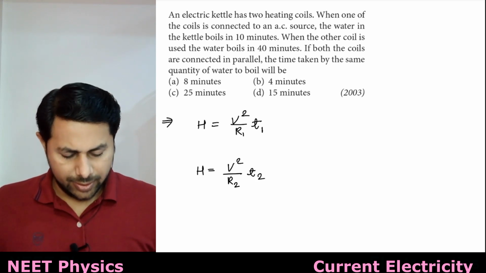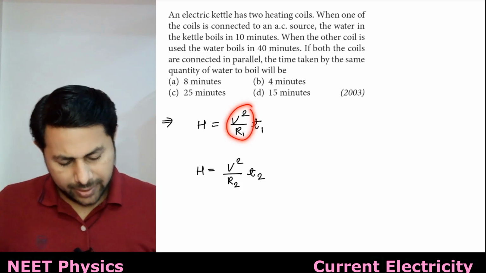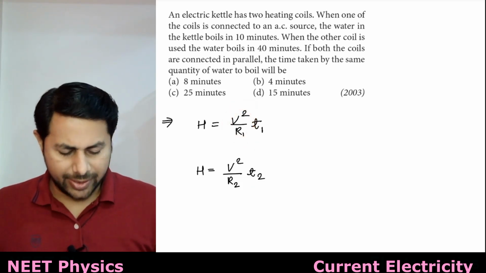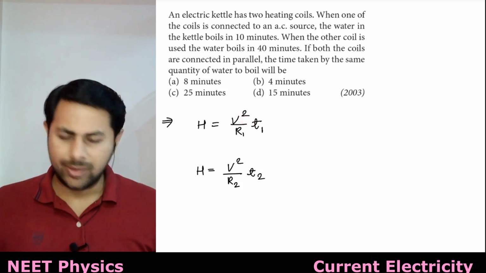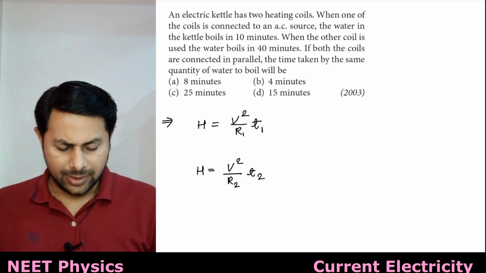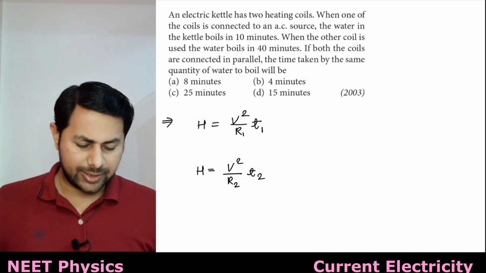If we compare this, H and V would be equal in both cases. It provides the same potential difference, and the heat developed should be the same in both cases.